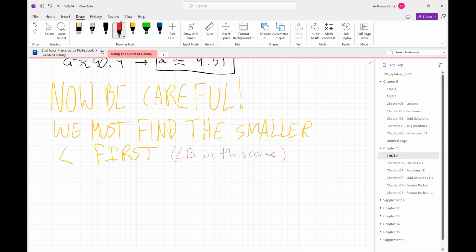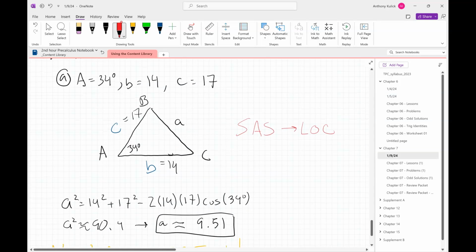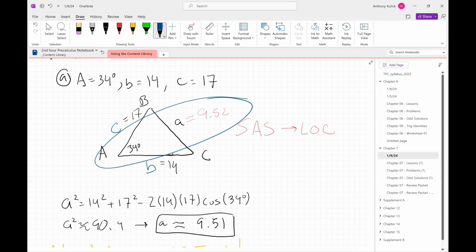Okay, so angle B in this case, right? Now, I could use the law of cosines again to do this, but I would rather use the law of sines. Because now I know angle A and I know side A. It'll be easier than using the law of cosines again, I promise.